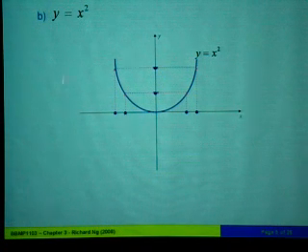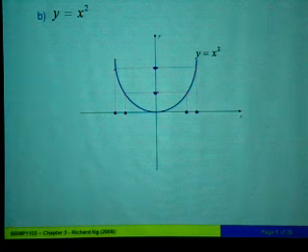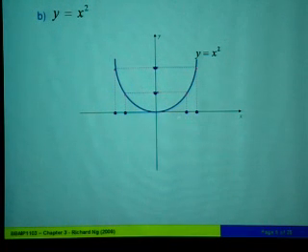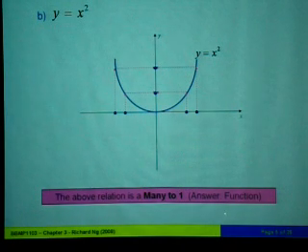We can see from this graph that one input here produces one output, and another input here also produces the same output. So in other words, this is called a many-to-one relation. If it is many-to-one, therefore we can say this relation is also a function.